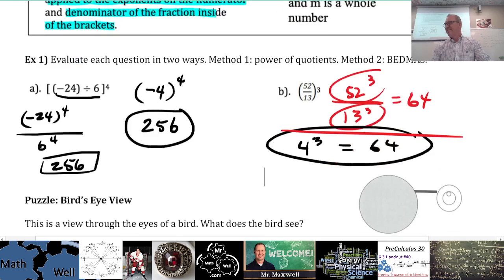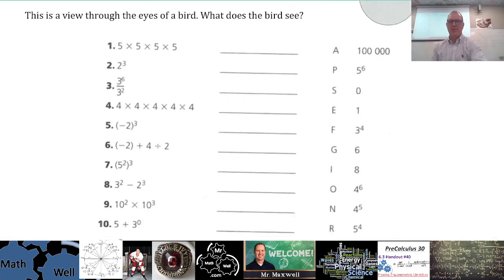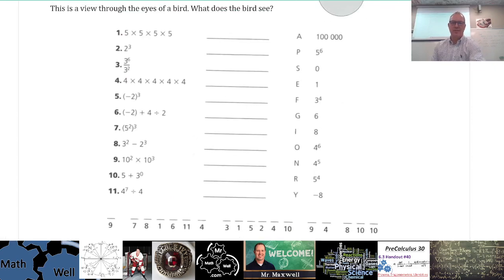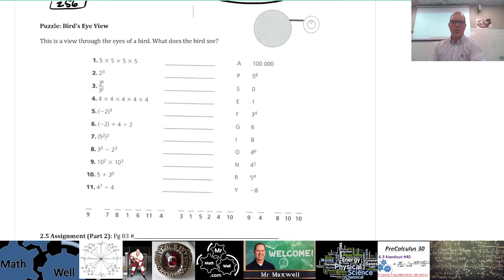All right? Okay, as part of your assignment, there's a little puzzle, just like the Pizzazz worksheets that you guys might have just finished here. I'll see if I can get this all on the screen here. So before I give you your assignment, I want you to work through this. It says this, it's a bird's eye view. What is this bird looking at from the top here? So an overhead view of something.